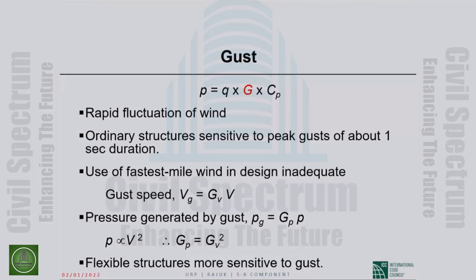Back then, the averaging time varies between 30 and 60 seconds. You should compare that to 3 seconds for the 3-second gust speed. So it was a much longer averaging time.